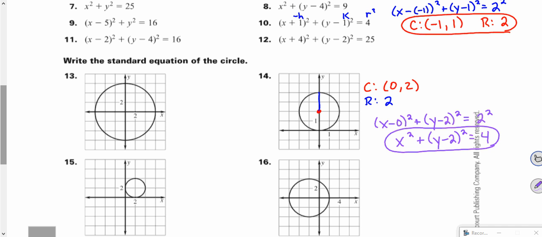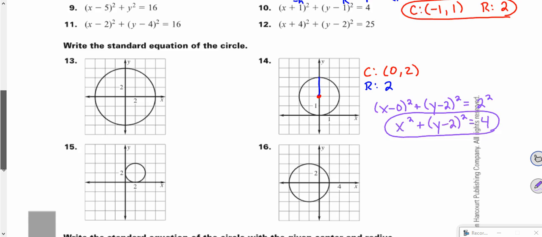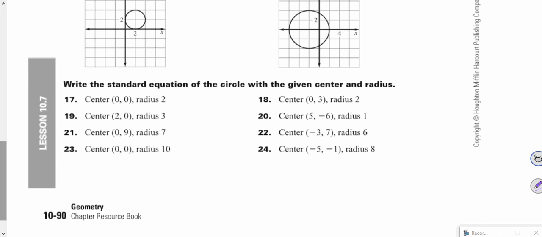Let's scroll on down to number 24. Write the standard equation of the circle with the given center and radius. So again, this is my h, this is my k, this is my r. My r didn't come out very well.